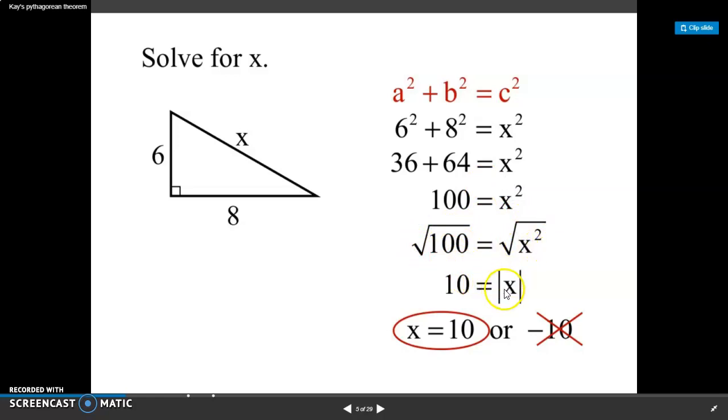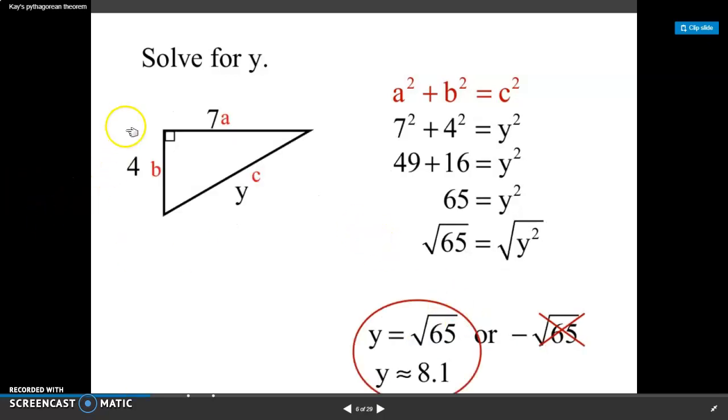So the value of x, when you have a root, can be plus or minus 10. We will have two values, positive or negative, but in calculation we always take the positive number. So we will take 10.